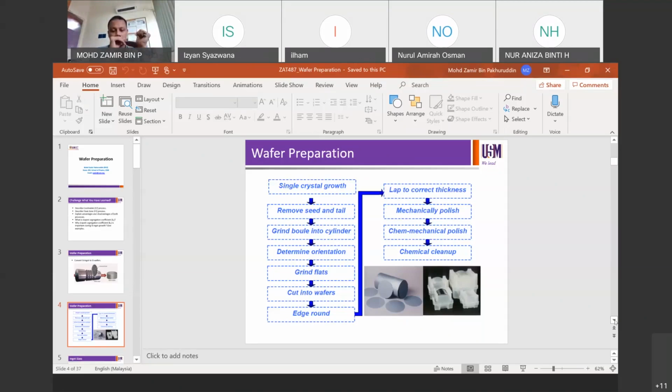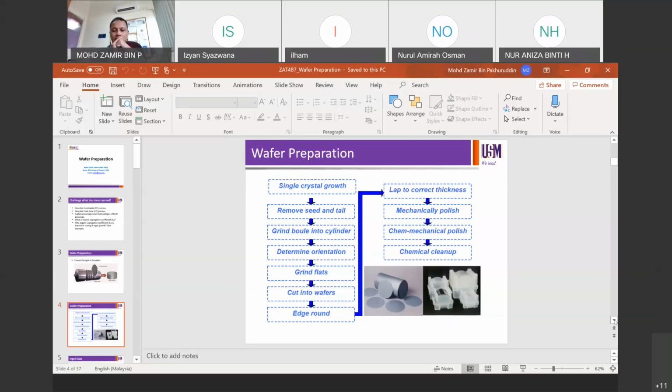The flat here means that once we have a perfect cylinder, we remove a certain area of the circumference as a flat area to label the orientation of the ingot, so that we know what sort of wafers we are working on. Then we need to flatten certain areas. We'll see later on in the next few pages.